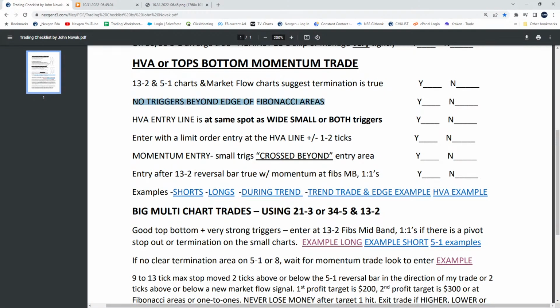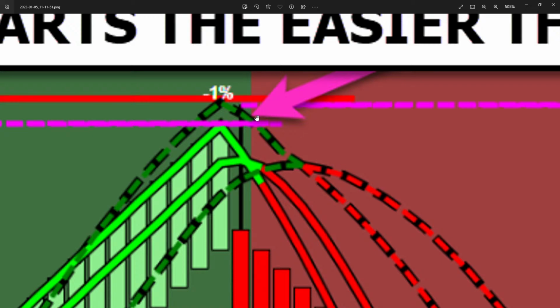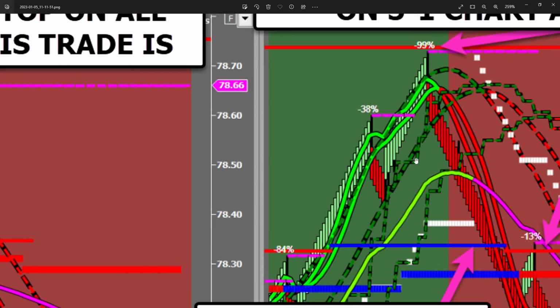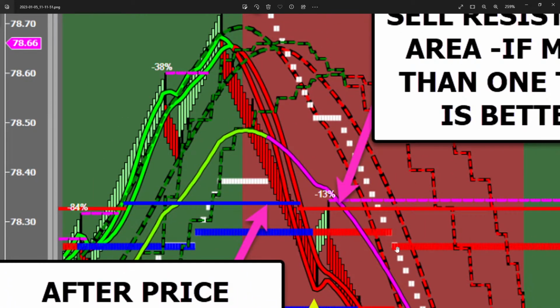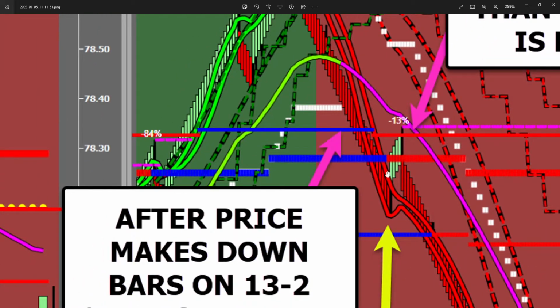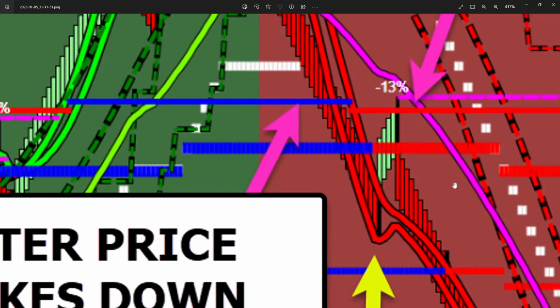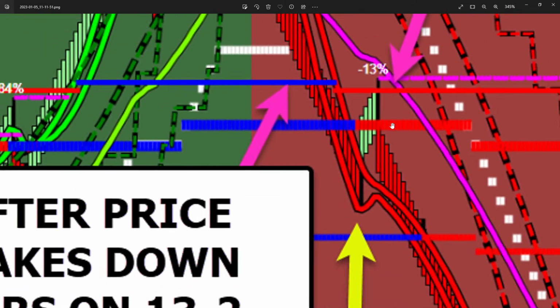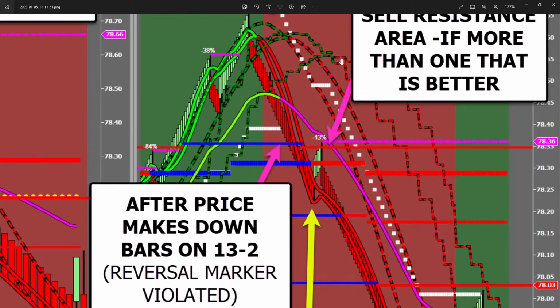So you must have fibs with no triggers past it. It has to be a really good top. Now the second part of mine is if you have a really good top, this is not the normal trade, because if you're waiting for the large triggers, you're never going to get them.